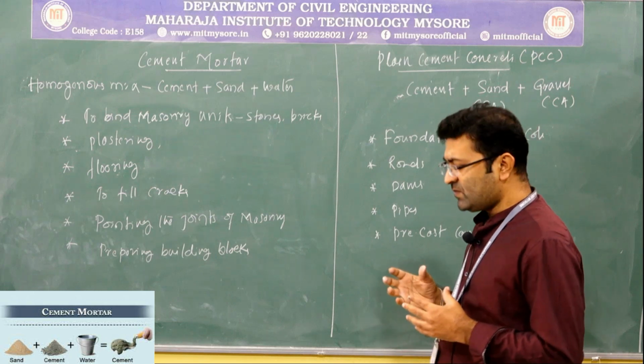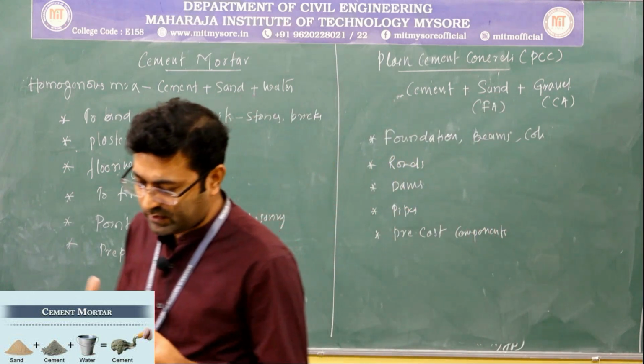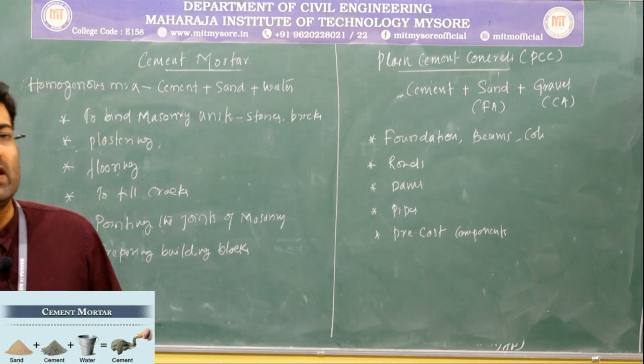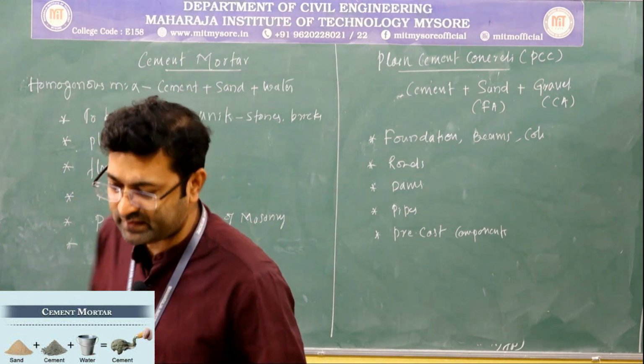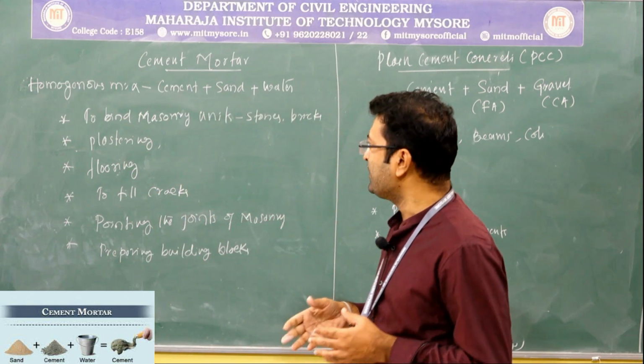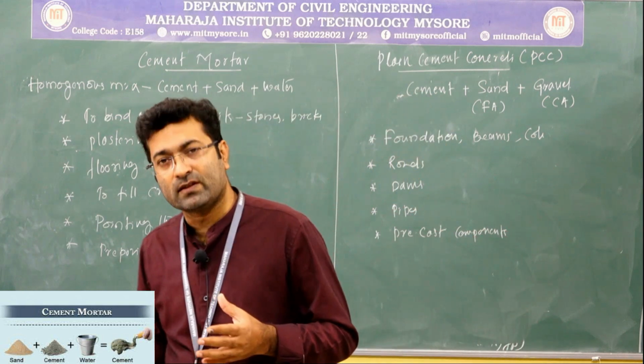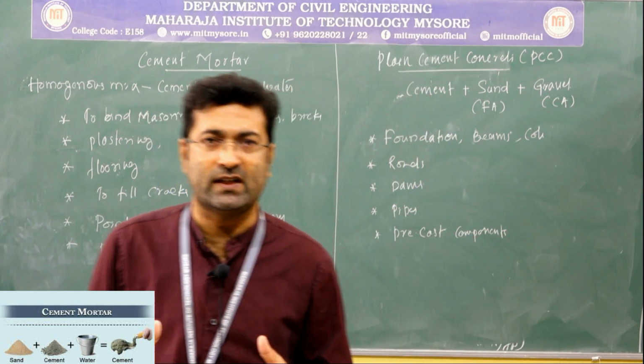Whenever we need this, we need to prepare it during the construction. It is not readily available. We need to prepare it on the site, in a very neat manner. First, we need to take the sand, which technically we call fine aggregate.